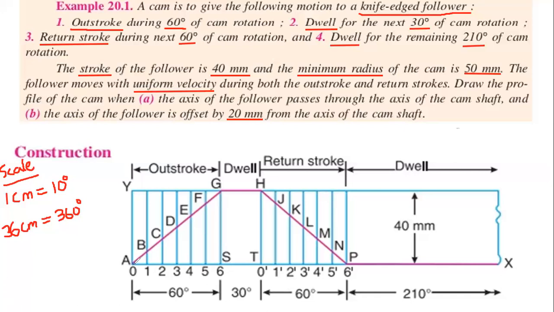Next we need to join the AG line. So from this point to the topmost point of the outstroke, that is the last position of the outstroke, we need to join this line, and we need to indicate the points as the intersection points of the vertical lines as B, C, D, E, F. Thereby we get the curve, that is the uniform velocity curve, that is a straight line.